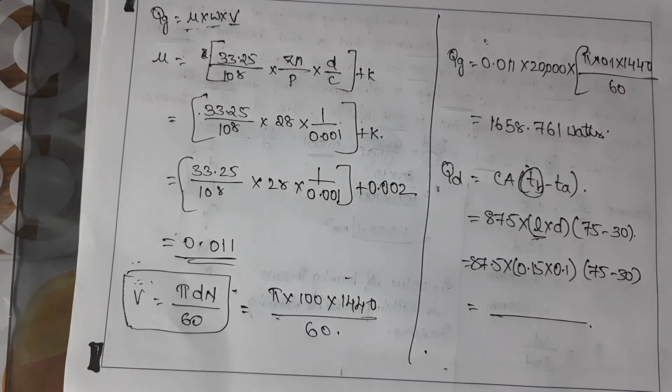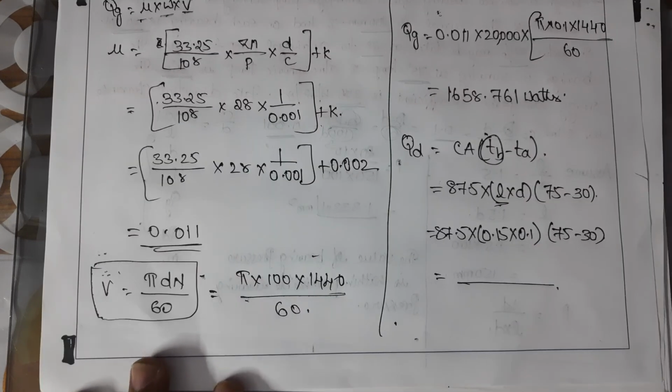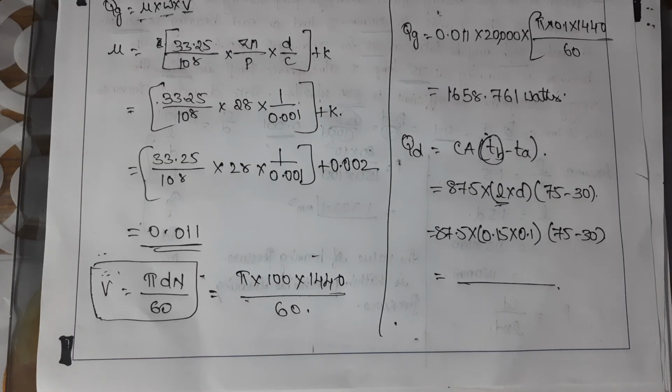Okay, next we need to calculate the amount of artificial cooling required. The amount of artificial cooling is required if the heat is not removed through air, that is, if the heat generated is greater than the heat dissipated, then we need to use artificial cooling.